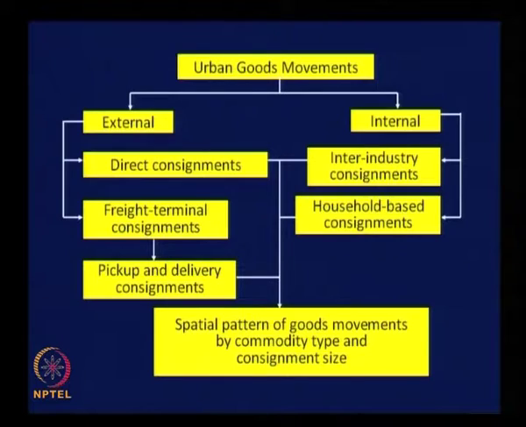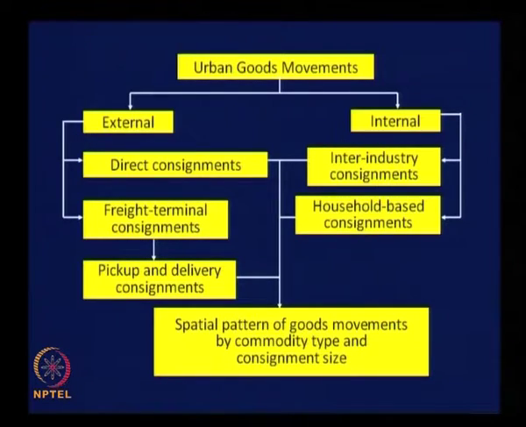And to summarize what we have seen in the previous class, we can refer to this flow chart about which you are familiar now. Goods movements can be categorized into external and internal type of movements. Again, we can categorize external type of movements into two types: direct consignments from external location to the industrial units, say manufacturing plants, or consignments received by the industrial units through freight terminals.